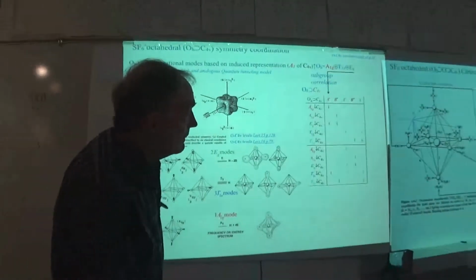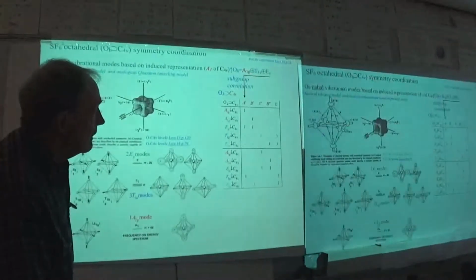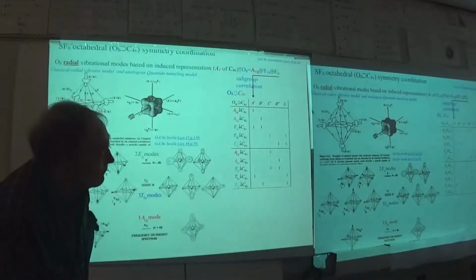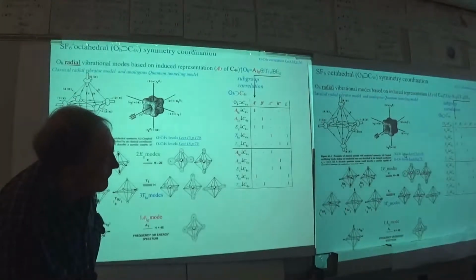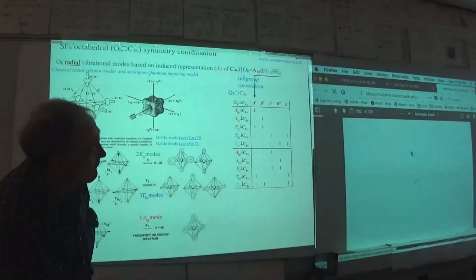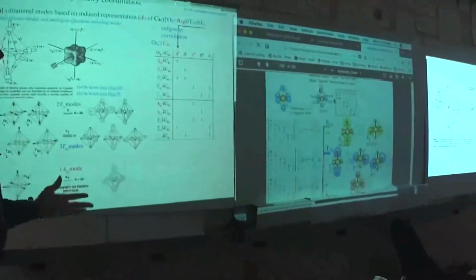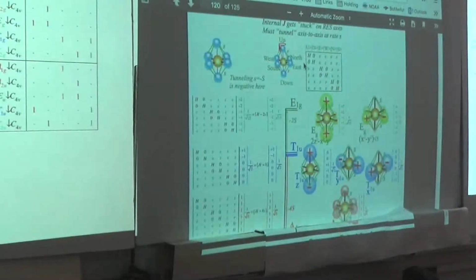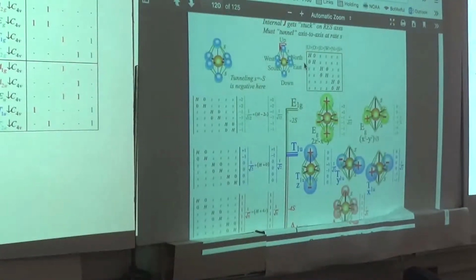So as I said, I should be keeping this one up to date here. Let's go ahead and look just quickly at a beautiful picture of the modes that we had to do then. Let's see if that shows up here. Takes a little bit of time to come up. But there's a beautiful picture of the E1G, the T1U, and the A1G singlet.